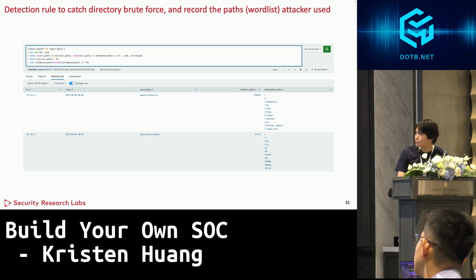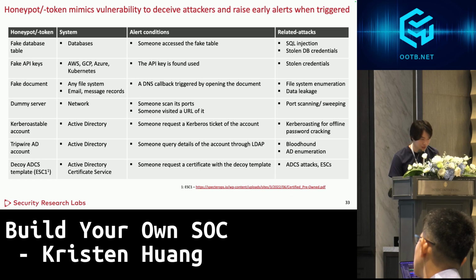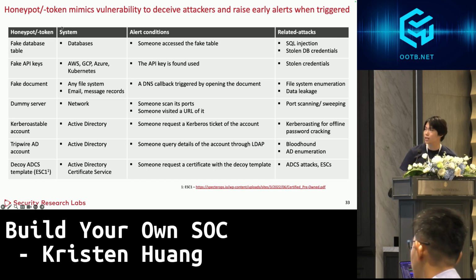Other than this, I'd like to give you some starters for high fidelity alerts that you can play around with. In our philosophy, we have high faith in doing honey tokens or honeypots because these are more proactive detection than conventional detection.